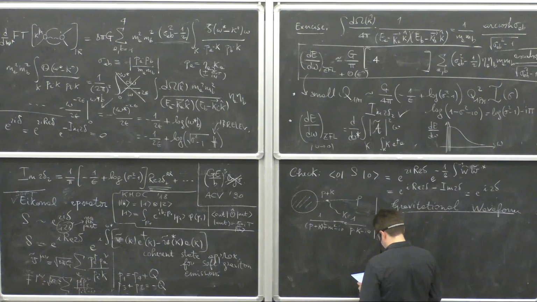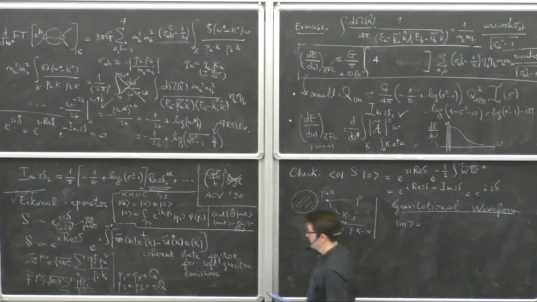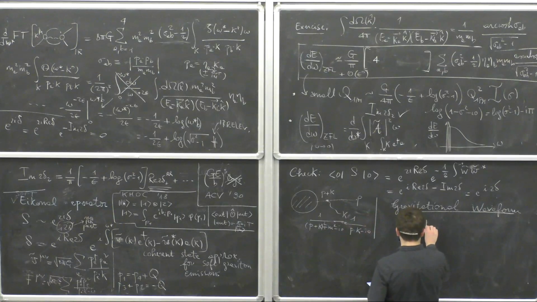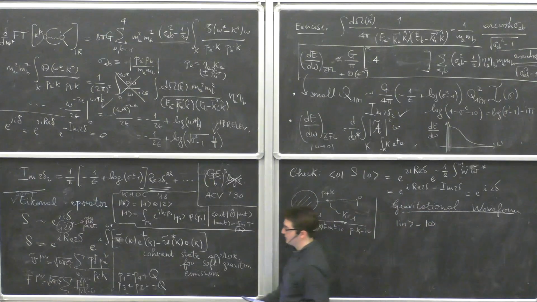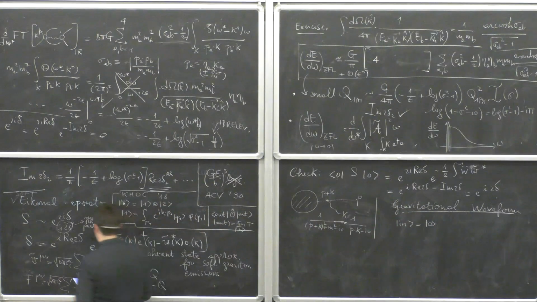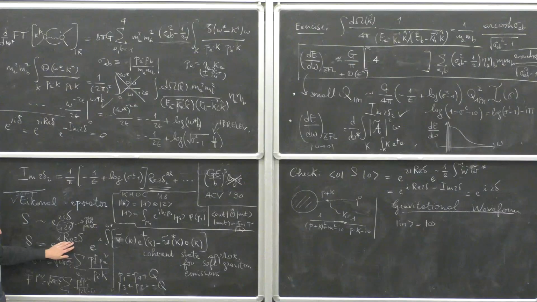So, maybe let me write down. The in state is still going to be this approximation, this superposition of two particle states. In this case, we are actually going to consider them as background, whose dynamics we already resolved by calculating this 2 delta here.